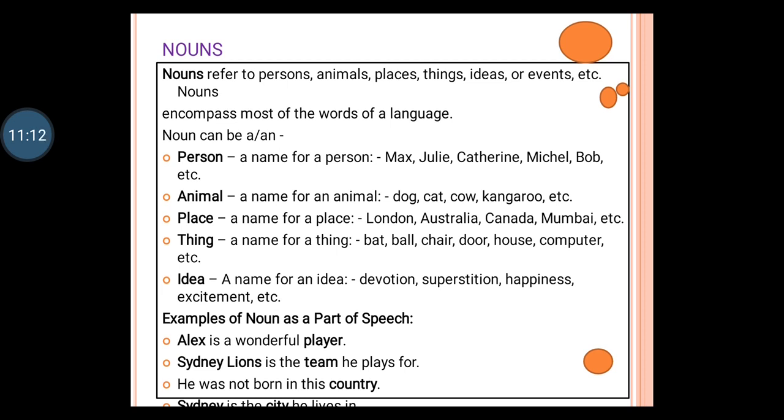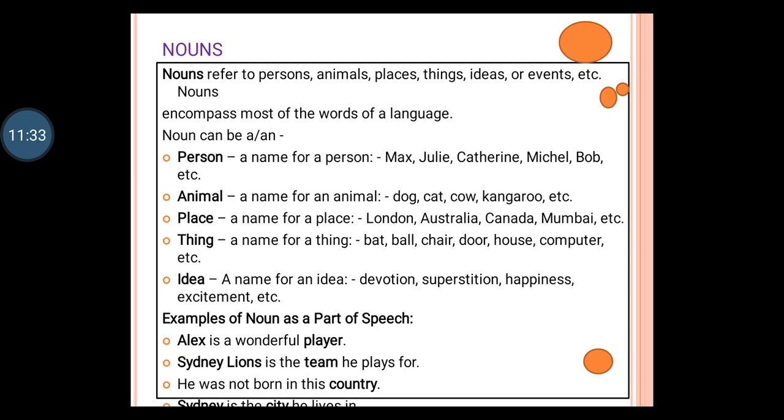In the sitting room, for instance, the television, that is a thing. The sofa is a thing. The table is a thing. The pictures hanging on the wall are things. So you see, these are nouns.